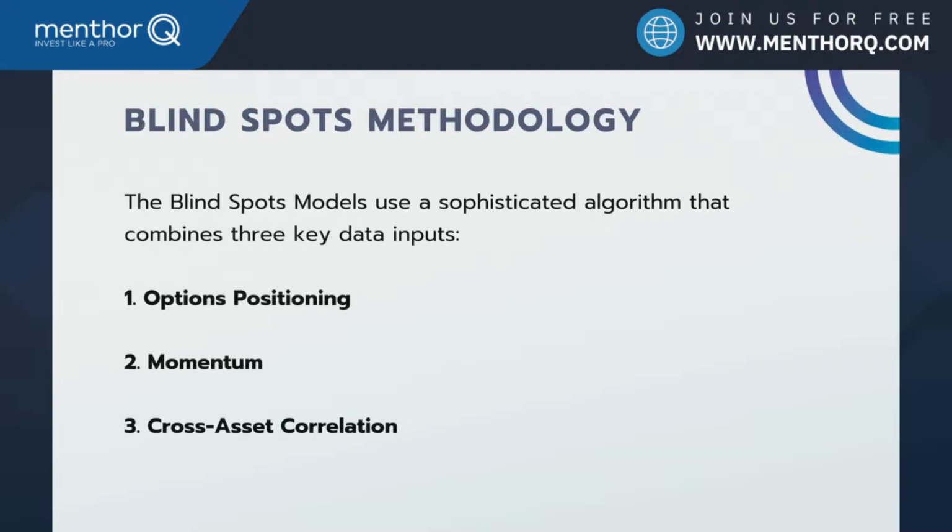Let's now look at why we developed them. Let's go over some of the methodology, and then of course, guys, feel free to share any comments or questions. Blind spots leverage three critical data inputs, and we're going to share why each one of them is essential. The first is option positioning. Option markets reflect advanced traders' sentiment and expectations.